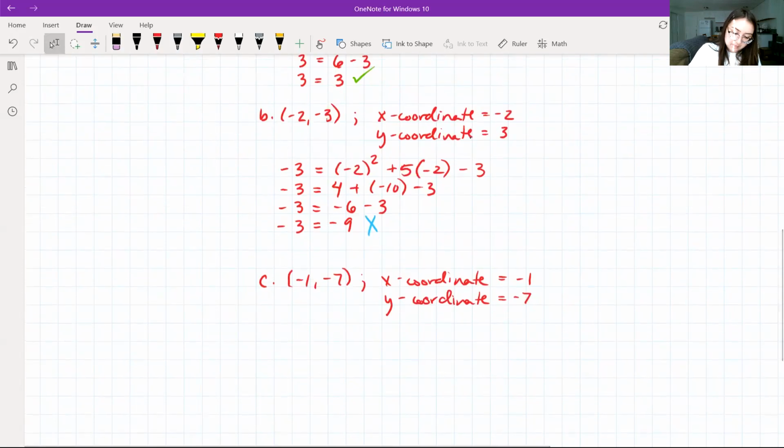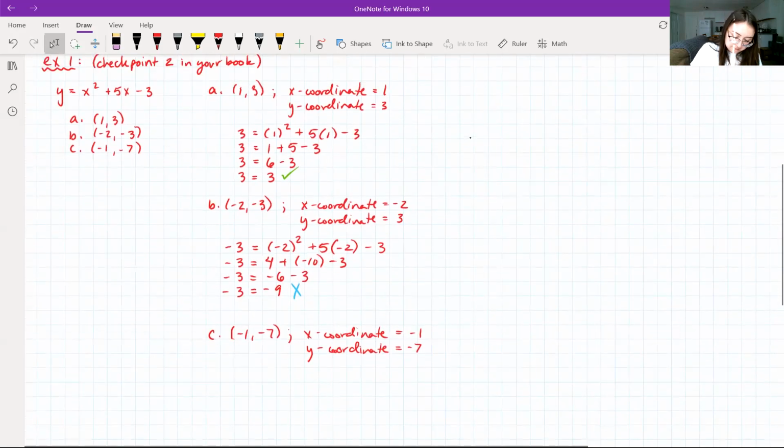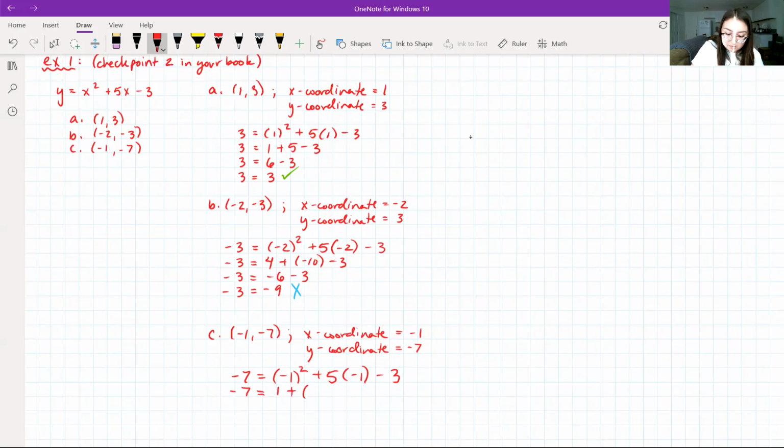All right. Okay, so we want to set it up just like we did before. So we have -7 is equal to (-1) squared plus 5 times -1 minus 3. So we simplify this, and (-1) squared is going to be 1, plus 5 times -1 is going to be -5, minus 3.